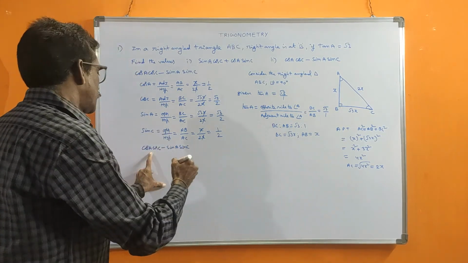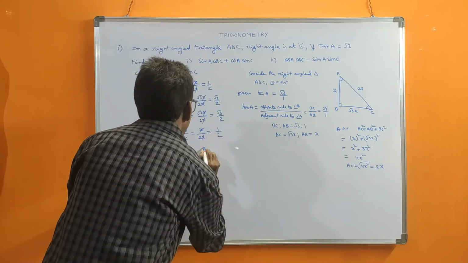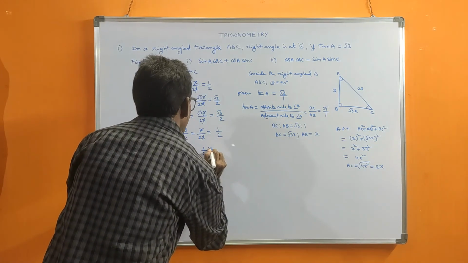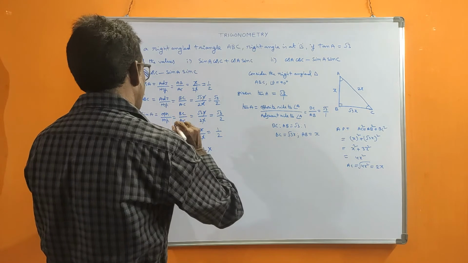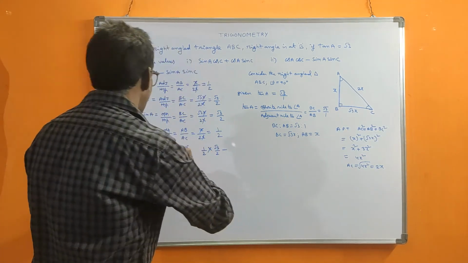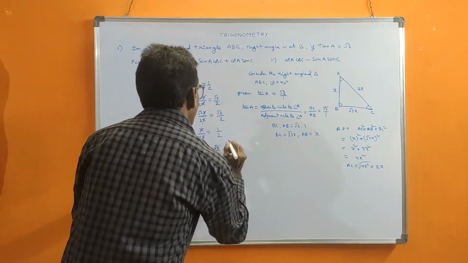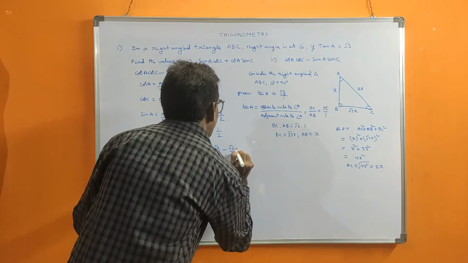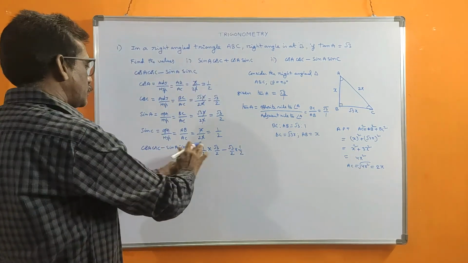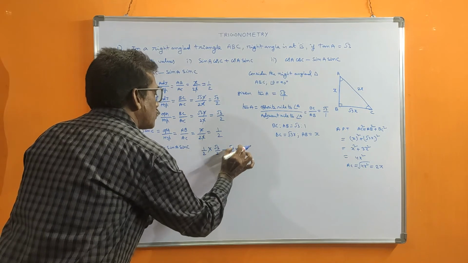Cos A is 1 by 2, into cos C, root 3 by 2, minus sin A sin C, root 3 by 2 into 1 by 2. Simply I substituted the values. Now these two multiplications.